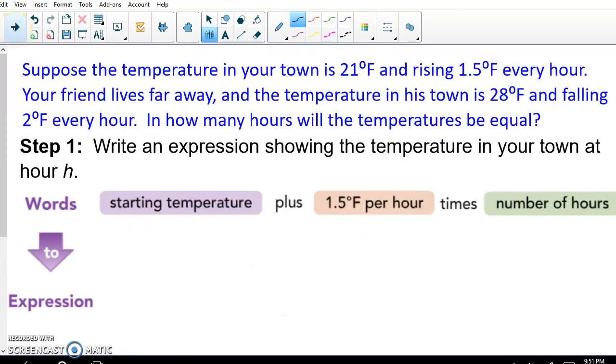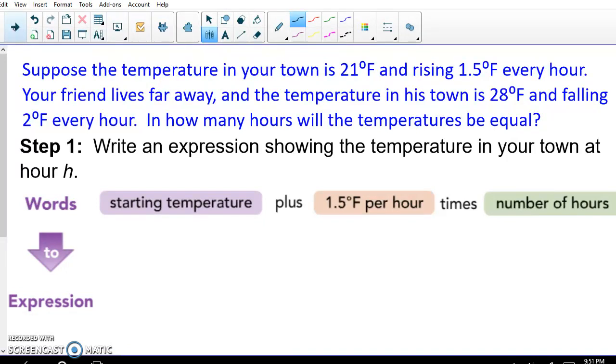Okay, let's check out a real-life word problem now and see how we can use that to help us solve this problem by setting expressions equal to each other. Suppose the temperature in your town is 21 degrees Fahrenheit and rising 1.5 degrees Fahrenheit every hour. Your friend lives far away and the temperature in his town is 28 degrees Fahrenheit and falling 2 degrees Fahrenheit every hour.